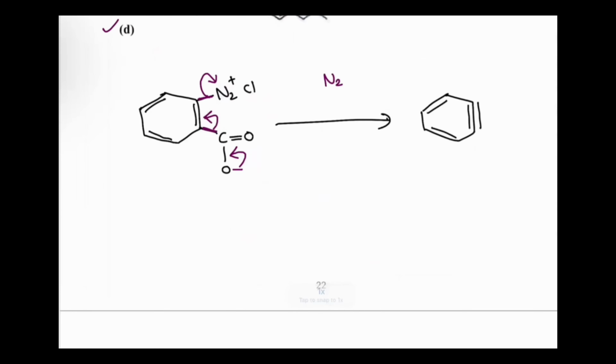To form product B, the product A, that is this benzyne, reacts with this molecule. If we draw this molecule, we can see it contains two double bonds, so we can call it a diene.